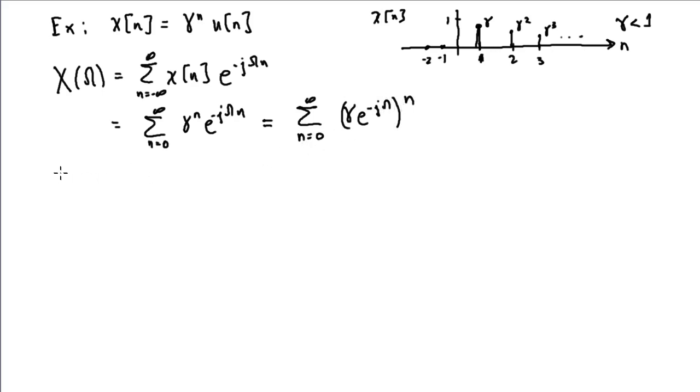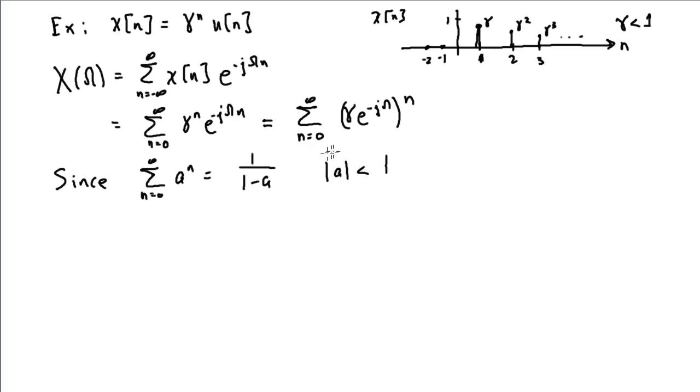And now I'm going to use one of the formulas from my summation table, which you'll find in the textbook. It was also on one of the early handouts provided in the course. But the sum from 0 to infinity of a to the n is 1 over 1 minus a, as long as the magnitude of a is less than 1.